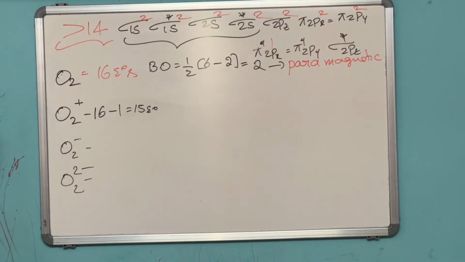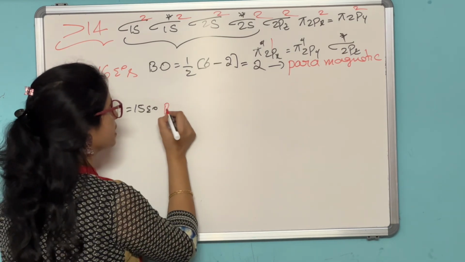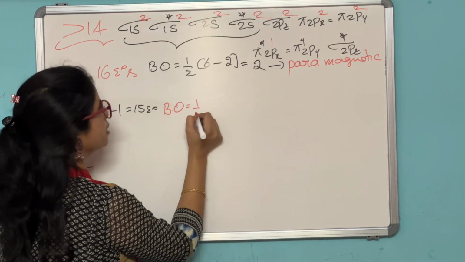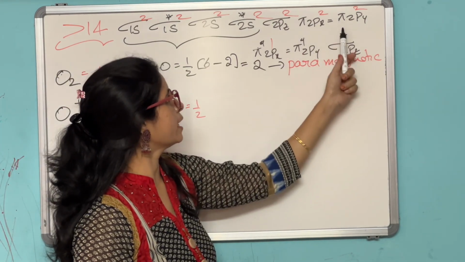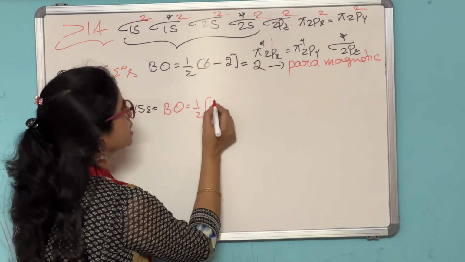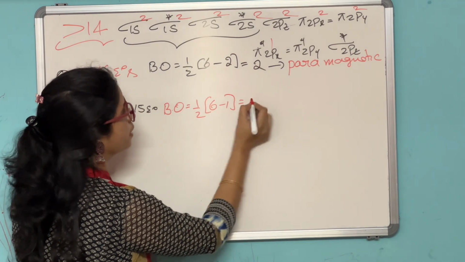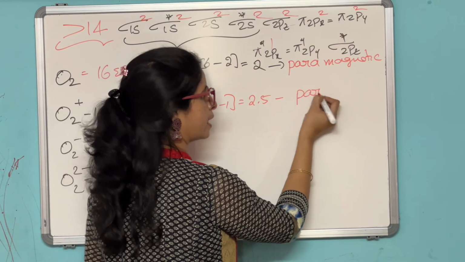Bond order is half of the difference between bonding and antibonding. There is no change in the bonding orbitals, 6 minus 1, 5 by 2, 2.5. There is an unpaired electron, so it is paramagnetic too.